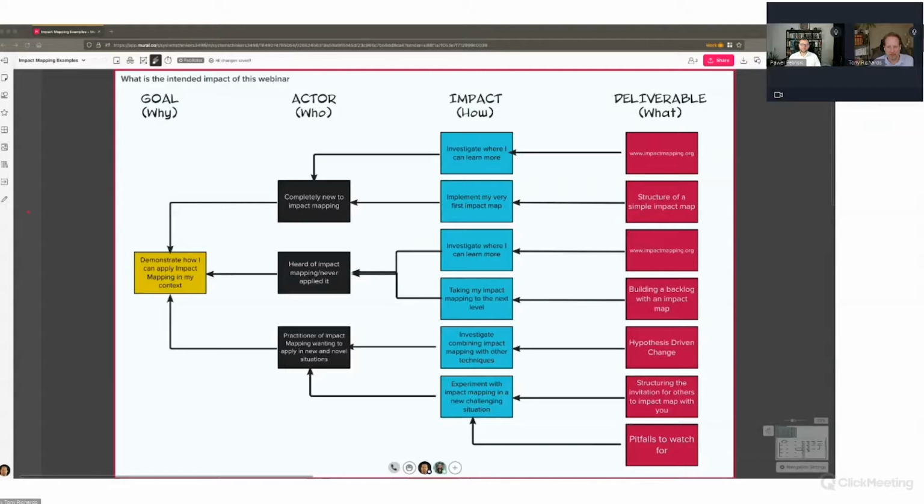There's another way of doing it, depending on what your goal is over here. Is it more a business goal, so the goal of your team or a company, or a goal that we want to achieve together with the actors? If the former, very often a user story could look like: as an actor, I want a deliverable so that I will receive the benefit, which is my impact.